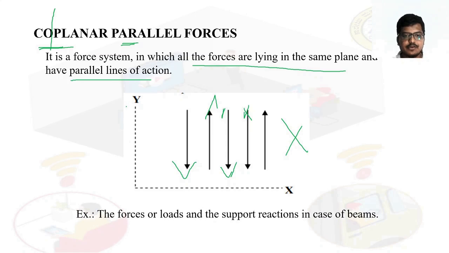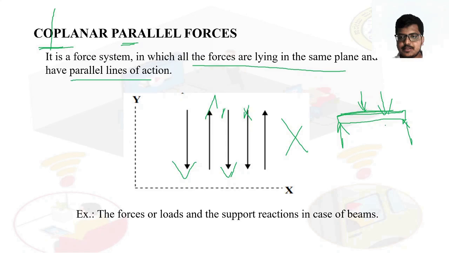So what is the example we can give? The forces are loads and the support reactions in the case of beams. So if we take a beam, consider this as a beam, right? In the beam we have supports, and in the support we also have a reaction. Here also, if we add weight, we will have a reaction.